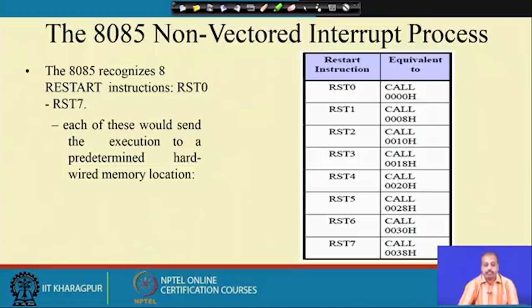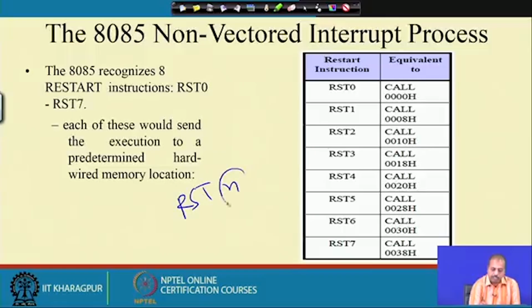You see that in general, if the instruction is RST n, this n is multiplied by 8, and whatever be the value, the processor will jump to that particular address. So, if it is RST 4, then 4 into 8 is 32, so it will jump to the address 0020 hex.